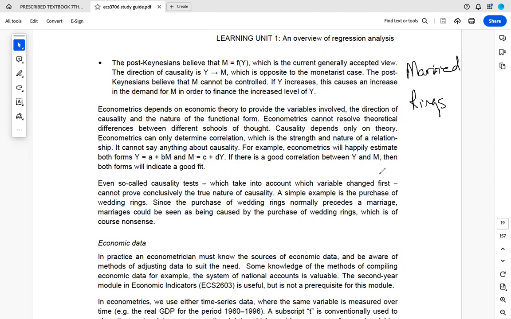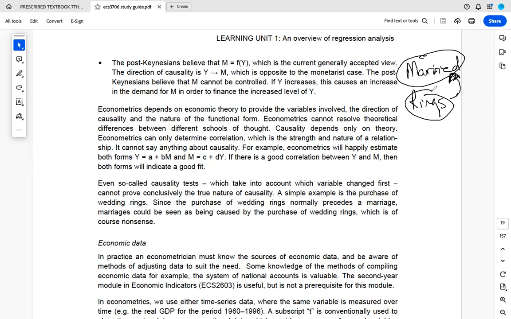So someone might then say that since the purchase of wedding rings normally precedes marriage, marriages could be seen as being caused by the purchase. Yeah, so this is the problem with some econometric models. Someone might say people get married when they purchase wedding rings, so we can conclude that wedding rings make people get married.